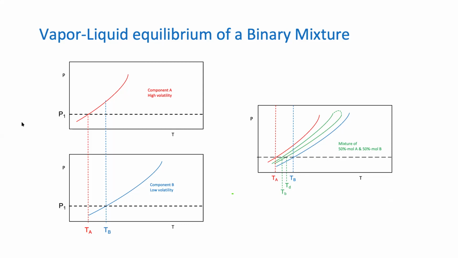Let me read the text in Indonesian. Campuran 50% senyawa A dan 50% senyawa B secara ideal, kurva kesetimbangan uap cair, so this is a vapor liquid equilibrium, akan berada di tengah-tengah kurva senyawa A dan kurva senyawa B. Namun kurva itu tidak akan dalam bentuk garis.